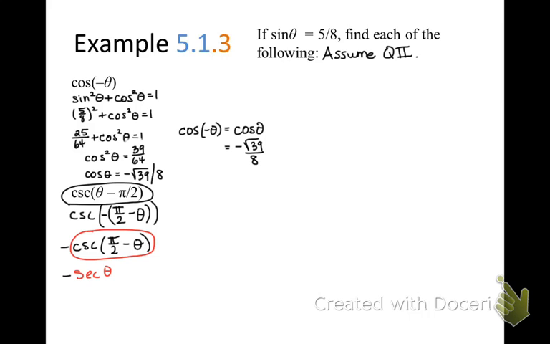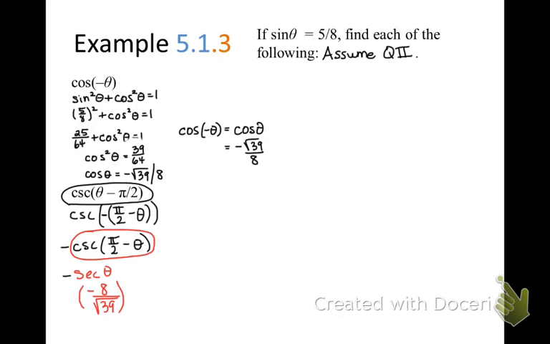Now the secant is just the reciprocal of the cosine. So this secant stuff is actually just going to be what we found for a cosine, the reciprocal of which is negative 8 over the square root of 39. So that's just taking this cosine stuff right here and switching the fraction, which gives me the red secant stuff.